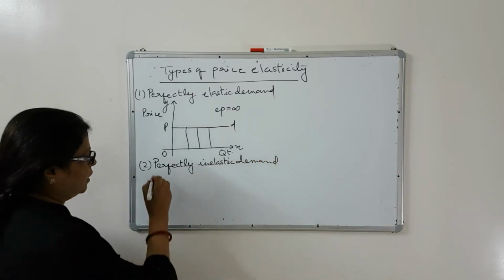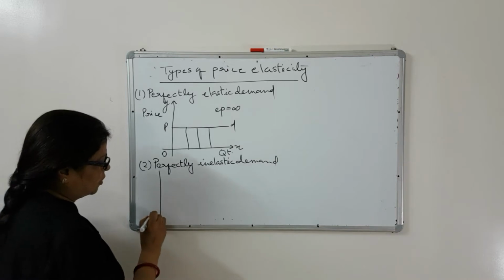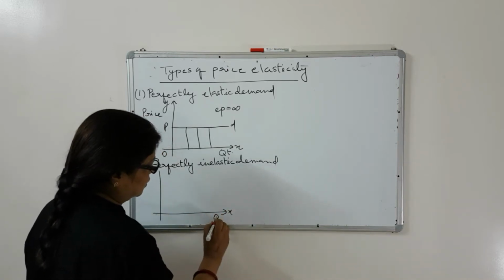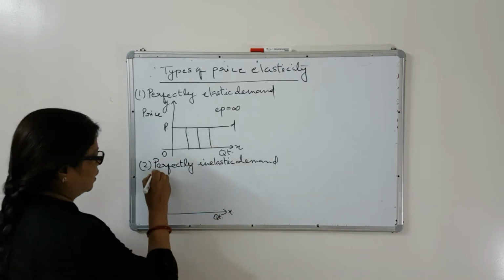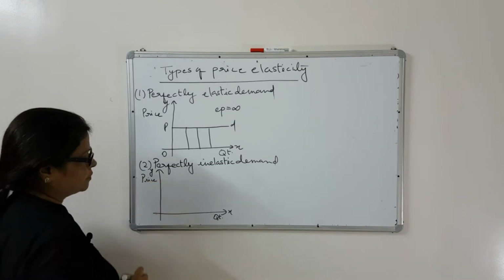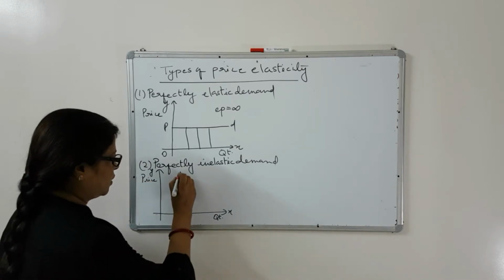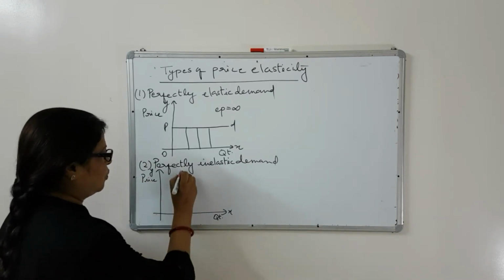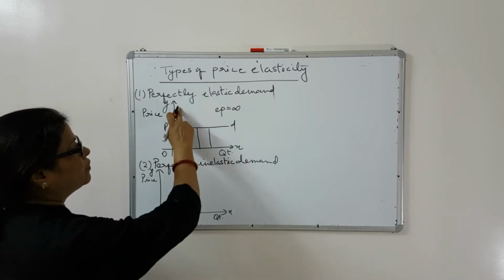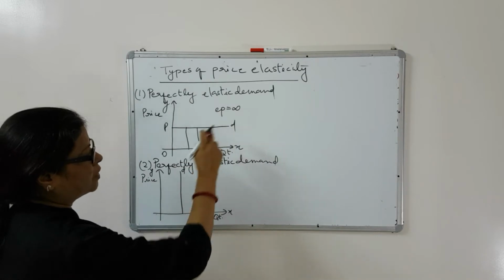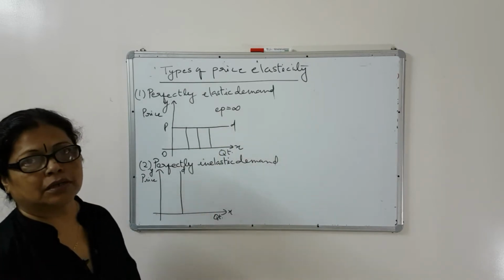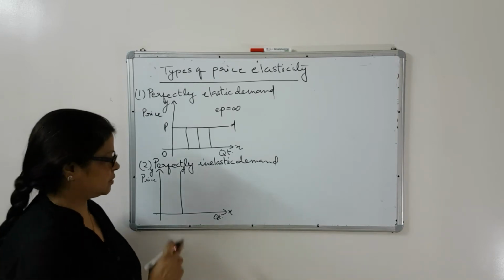In perfectly inelastic demand also you will draw the diagram. The x-axis is representing quantity and the y-axis is representing price. The demand curve is parallel to the y-axis. Always remember, perfectly elastic demand curve is parallel to the x-axis and perfectly inelastic demand curve is parallel to the y-axis.